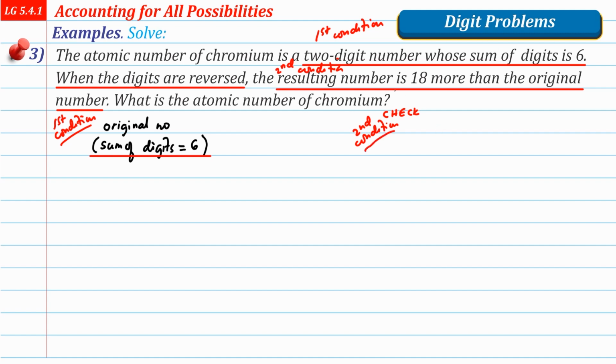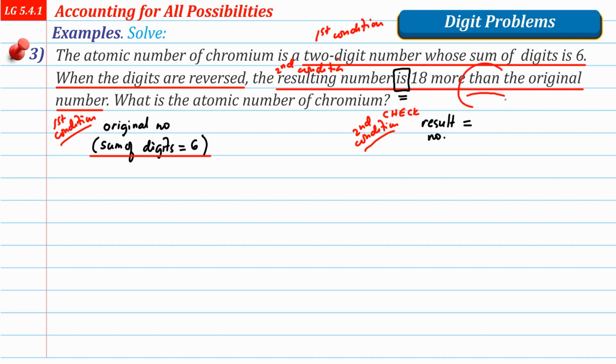Let me write ha. The resulting number is, pag sinabing is, translate from words to mathematical, anong ibig sabihin ng is? Di ba equal sign? Remember? So that means if we convert this to words, magiging resulting number daw is, resulting number is 18 more than, maalala nyo yung dan?